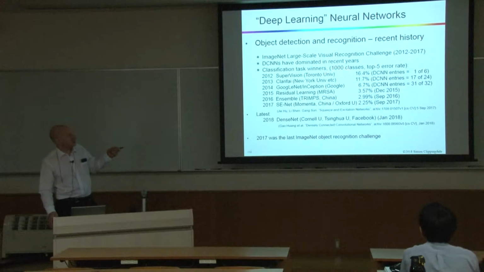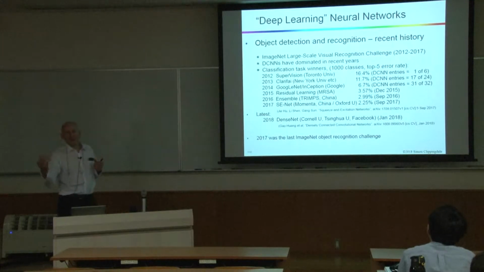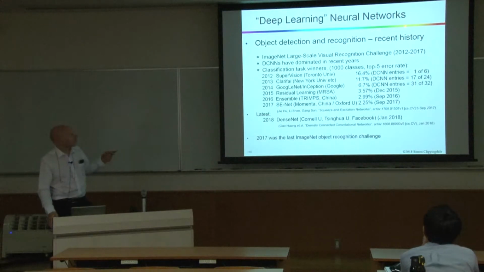This is for a 1,000 class object recognition problem. Top 5 error rate, meaning that if your answer comes within the top 5, then it's deemed to be correct. So top 5 error rate back in 2012 was 16.4%, and that was much less. That was, I think, half or so of the previous best.